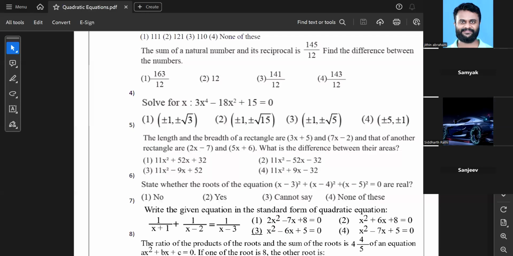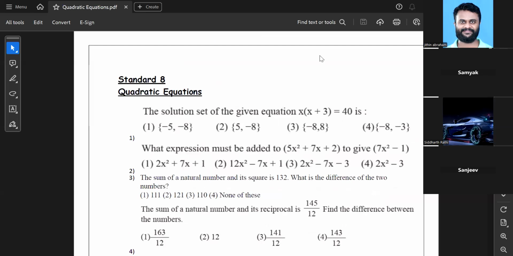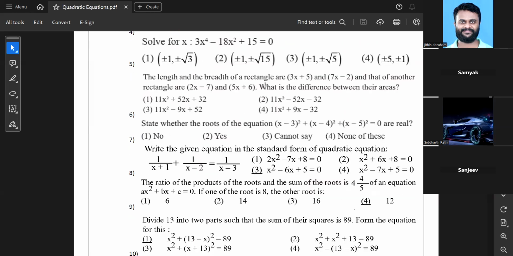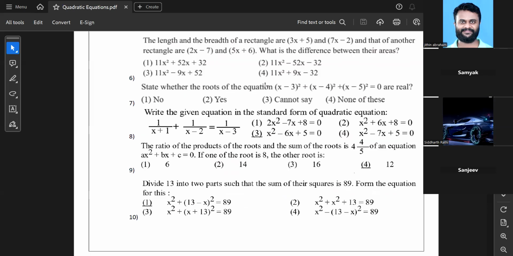Okay, so dear children, let me just share the screen. Somebody was asking, what did we do in the previous class? That was nothing but quadratic equation. We were solving the worksheet for quadratic equation. We solved the first six questions, and I had asked everyone to try the 7, 8, 9, a couple of problems ahead as well.